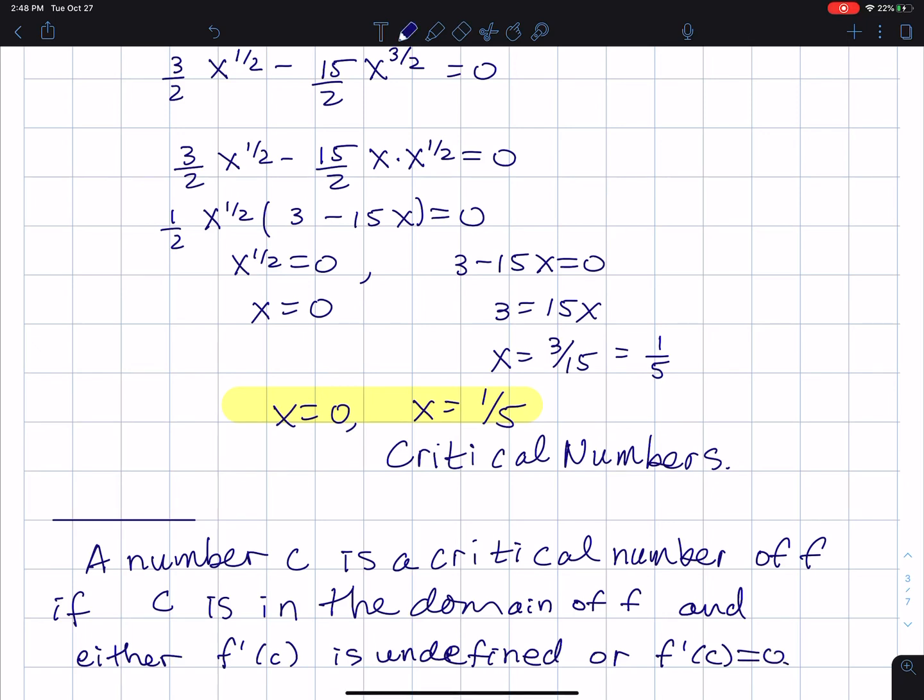That's really not just a remark, that would be a definition.